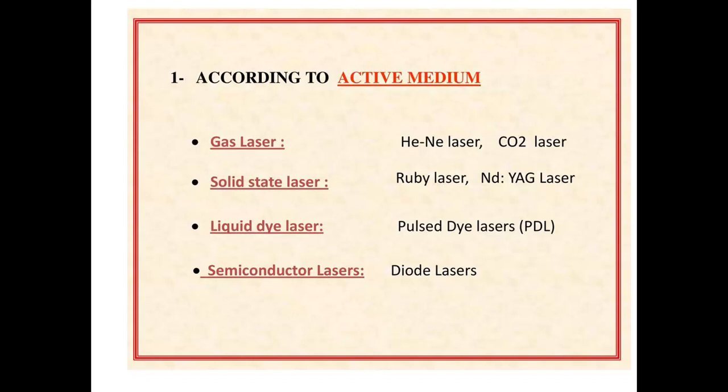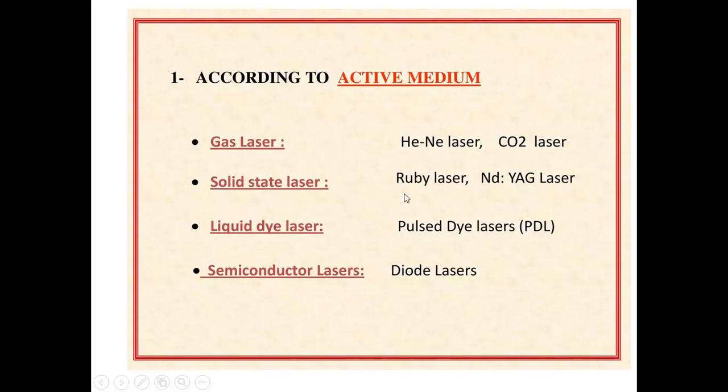Now I am just naming some of the lasers for all of you to remember. According to active medium, gaseous lasers are the HeNe laser and the CO2, carbon dioxide laser. One of them, the HeNe laser, we are going to see here itself, and the second is the carbon dioxide laser. Another is the solid state laser.